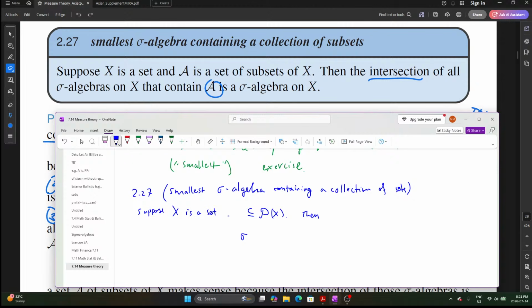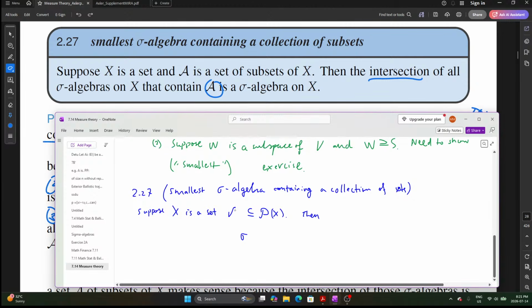This is standard notation, sigma of script A. My grad advisor wrote it this way.